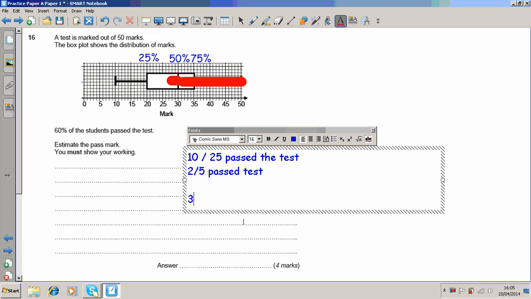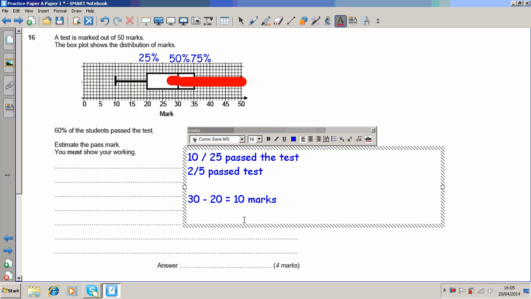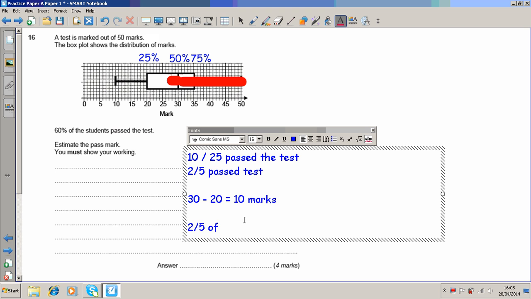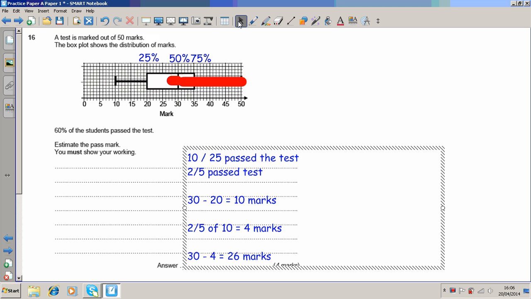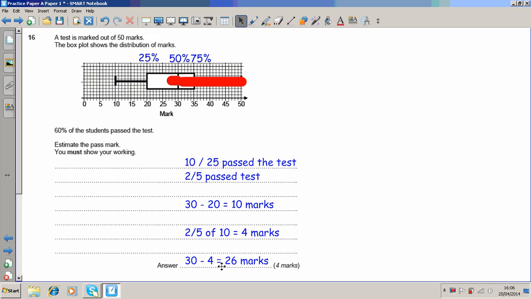Let's do that first. So 30 to 20 is 10 marks, and 2/5 of 10 equals, well, 1/5 would be 2, so it'll be 4 marks. To work out how many were above that, I'm going to do 30 minus 4 equals 26 marks. And that's the point that people got more than.